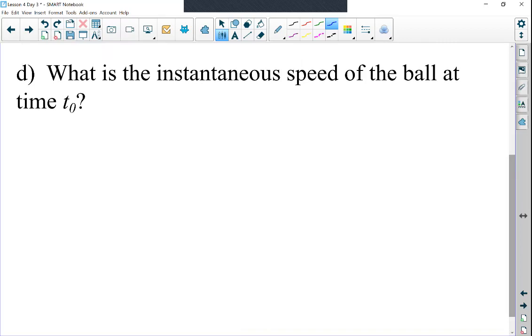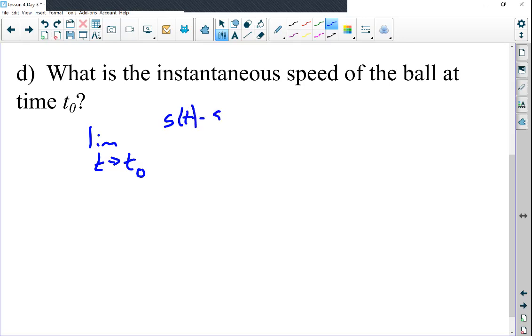To find the instantaneous speed or velocity, we're going to take the limit as t approaches t sub 0 of s of t minus s of t sub 0 over t minus t sub 0.